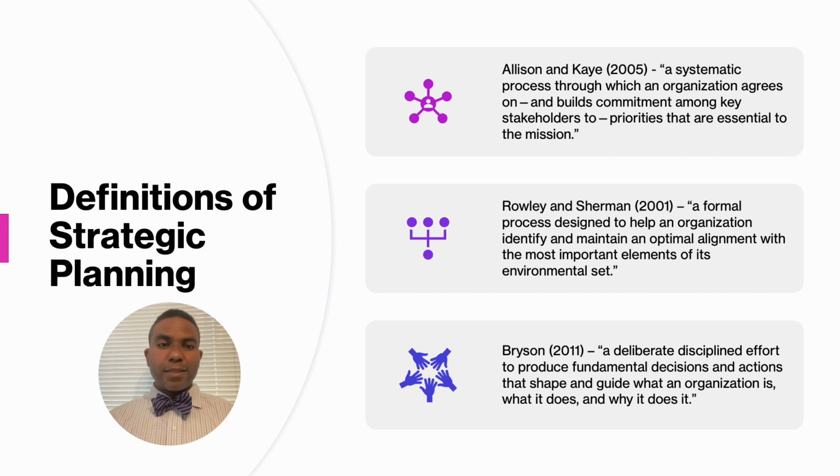And Bryson in 2011 defined strategic planning as a deliberate, disciplined effort to produce fundamental decisions and actions that shape and guide what the organization is, what it does, why it does it. Okay, so it's deliberate, it's disciplined.